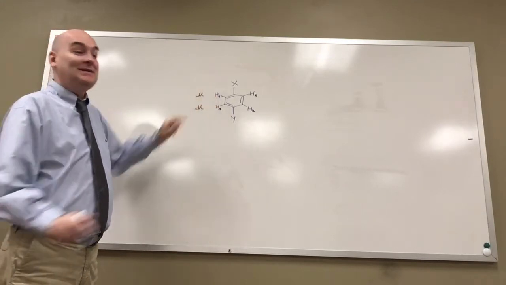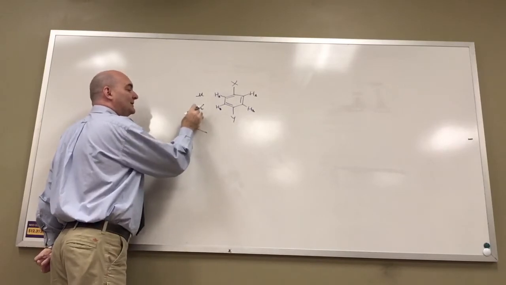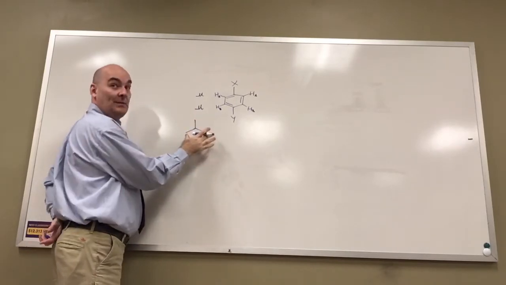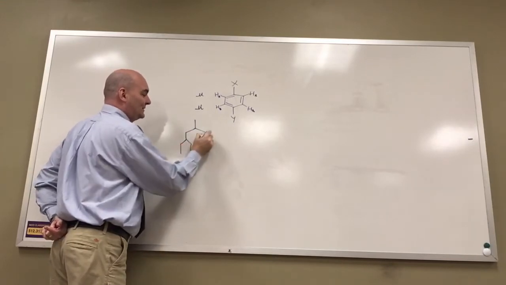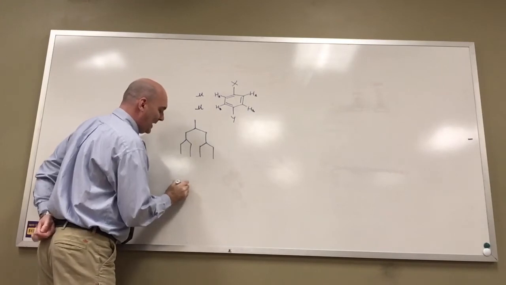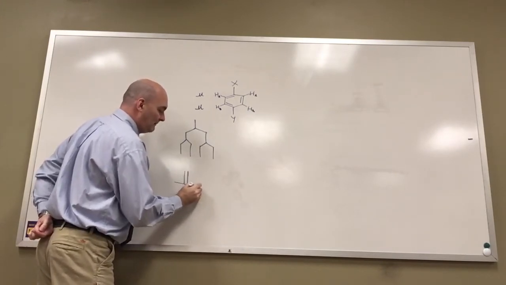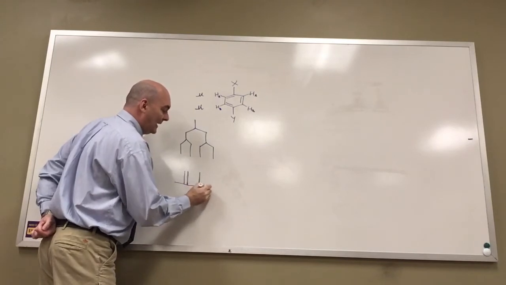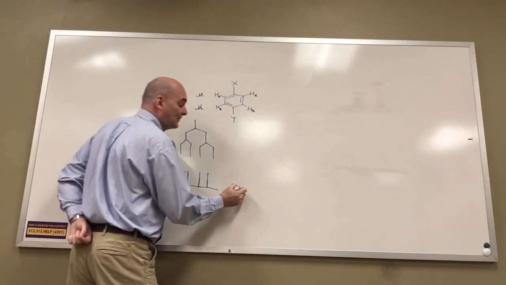No, they are different. So what we get is my signal is split into a doublet, and then each of those doublets is split into another doublet, and I get a doublet of doublets.